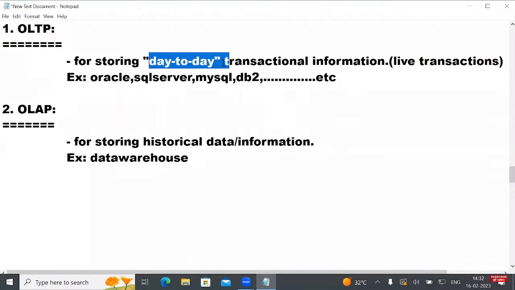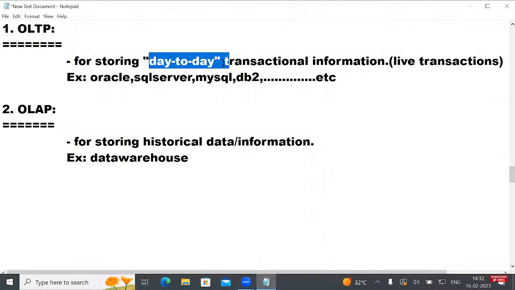If you want to delete your data, then why are you storing it? So whatever transactional data is coming from an application, done by the user, I need to keep in my database, and in future the data is also required for me. That's why I don't want to delete the data.